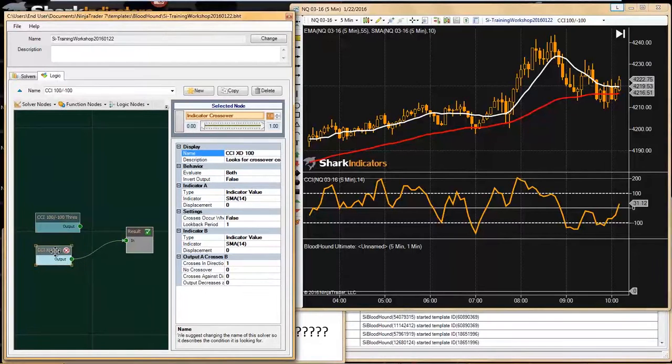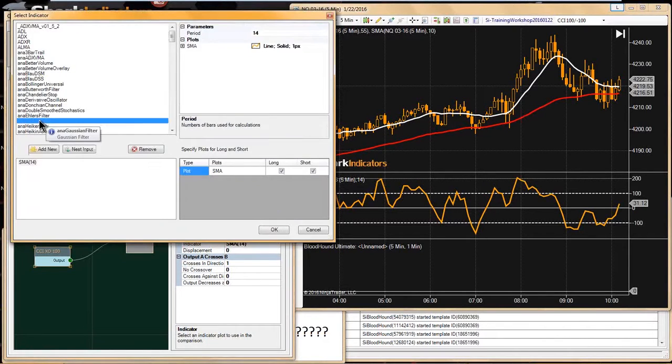One of these crossover solvers is going to look for the CCI to cross the positive 100. Indicator A is going to be our CCI indicator, so we're going to change this to the CCI.